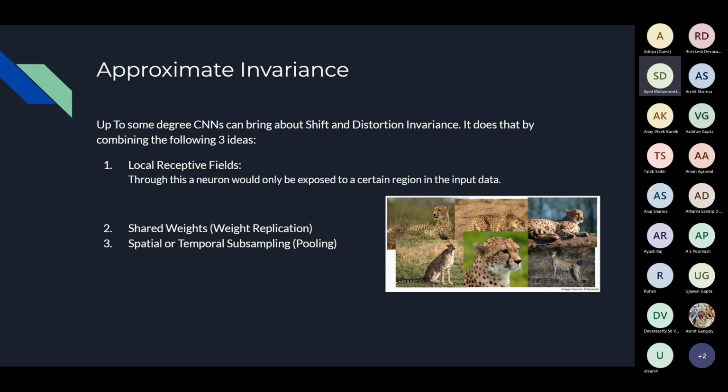Okay, moving on, we have shared weights, also known as weight replication, right? I'll go through this with an example. Here we have these images of cheetahs. Why cheetah again? Because cheetah is my favorite animal. So we can observe that all of these cheetahs have this black line over here, known as the tail line, and whenever we see a cheetah, it possesses this feature of having a tail line, right?